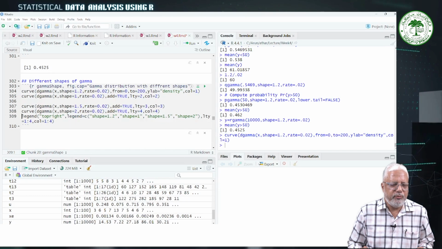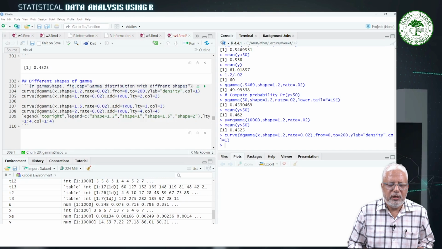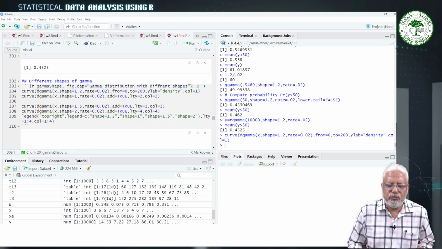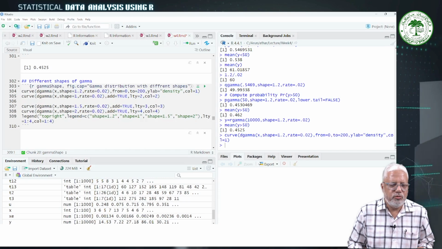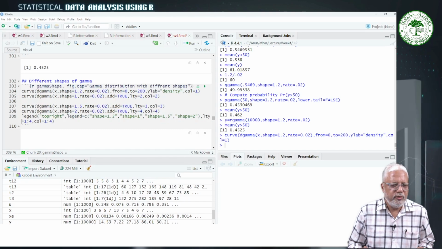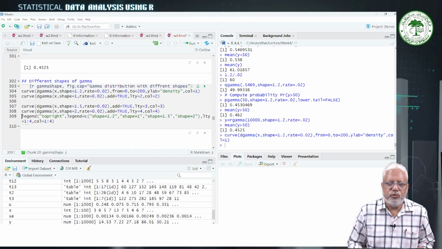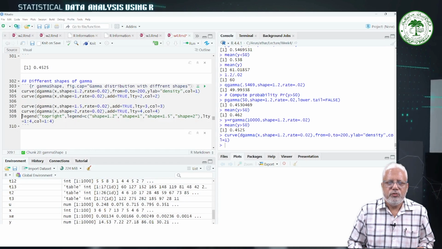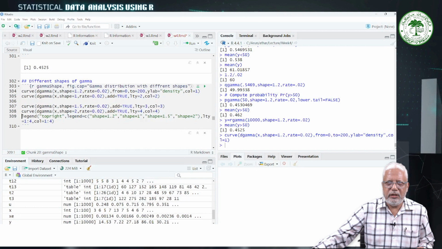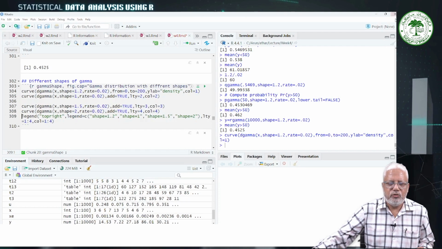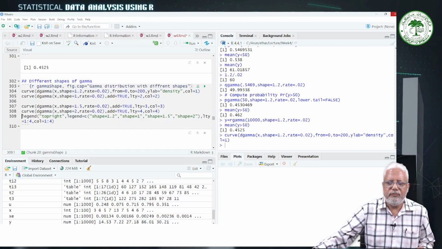And legend topright, with shape 1.2, shape is equal to 1, shape is equal to 1.5, shape is equal to 2, and lty is equal to 1:4, and color is also 1:4. So we need to run the whole chunk to get the output of the graph.